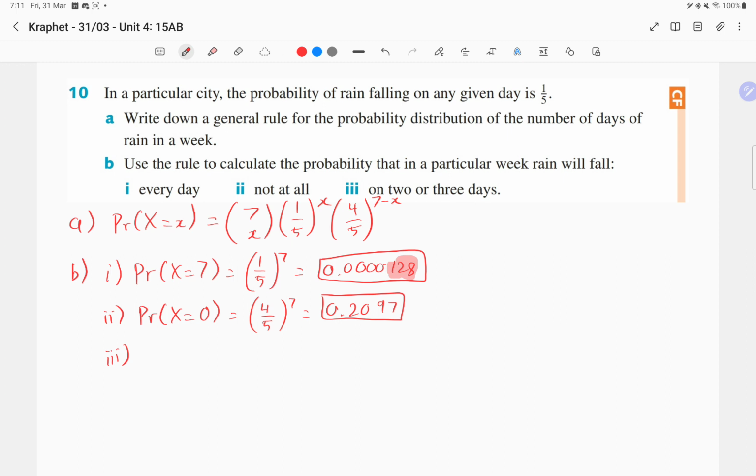Is that right? Yes, very good. It's just or. So you find the probability of 2, and then you add that with the probability of 3 days. Can you just get straight to the answer? Yeah, you can. With the calculator, you can use the binomial CD, the BCD version. That's BCD. Yeah.